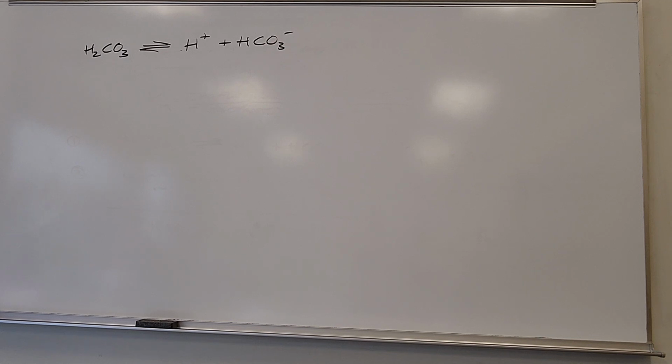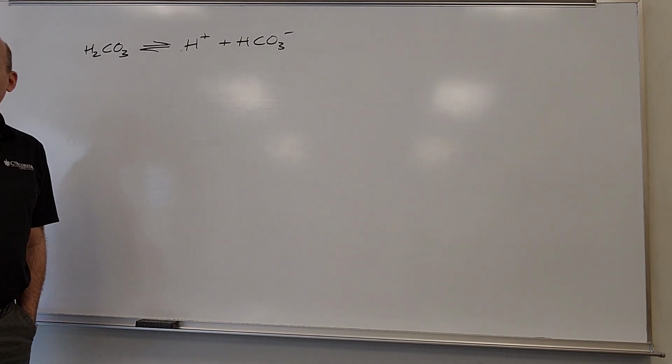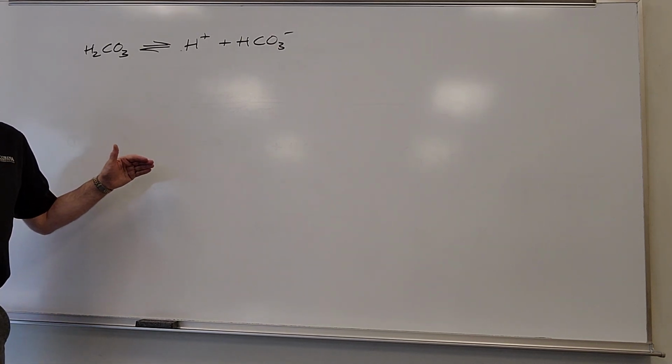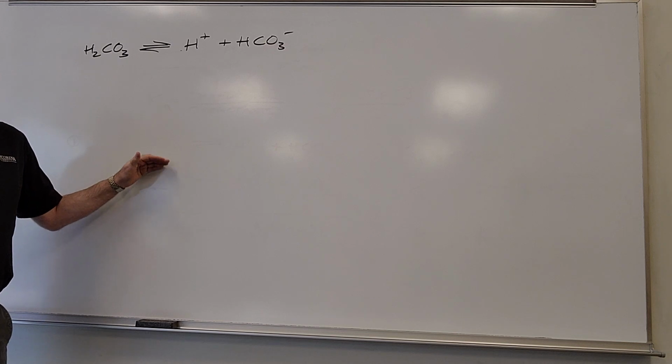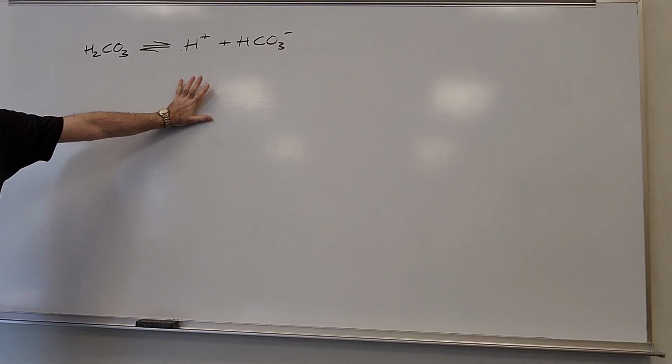So when you are asked how much H plus is in solution, you figure whatever number this gives you, the second line of the multiple equilibrium is 10,000 times smaller.